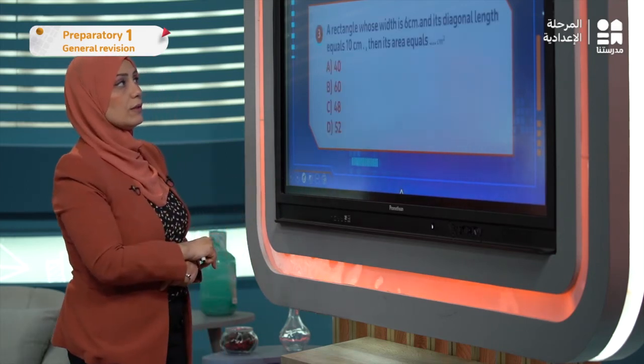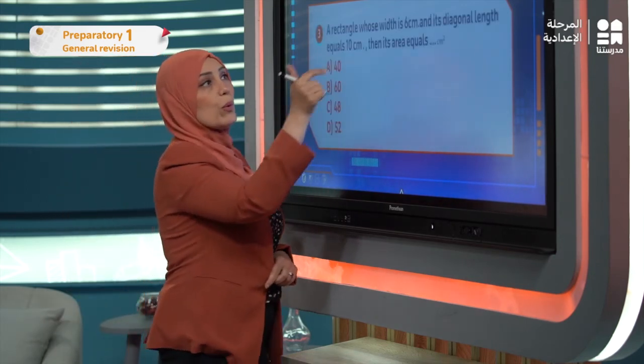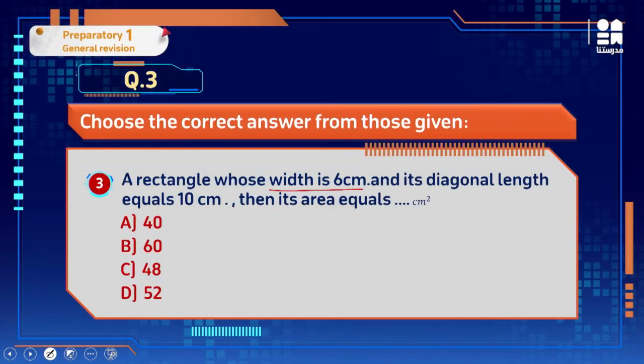Number 3. A rectangle whose width is 6 centimeters and its diagonal length equals 10. So let's draw it. Here we have a rectangle. The width is 6 and the diagonal is 10. Then its area equals what?